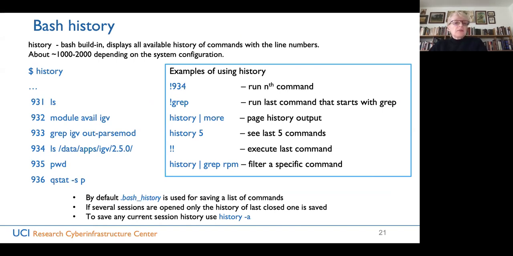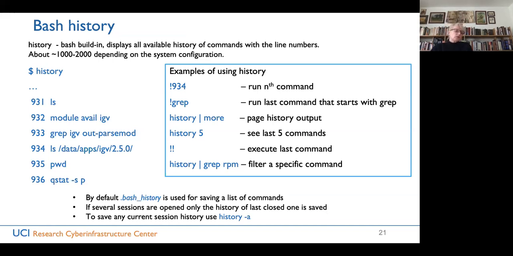If you don't want to type something that is too long, you can just run a different command by preceding it with an exclamation mark, or you can do exclamation mark and the last command that you want to execute. You can run history in a different way and so on.